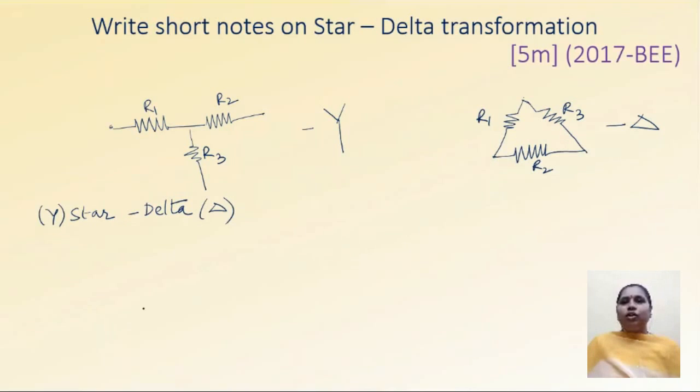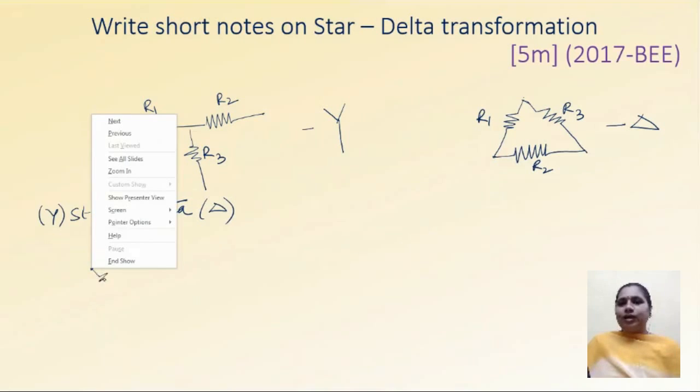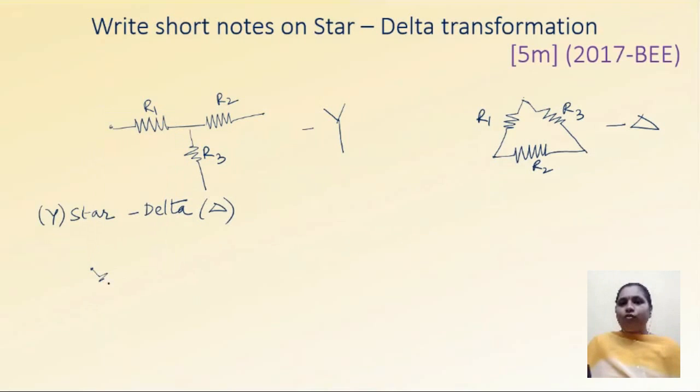To convert star to delta, you can see that star is a connection in the shape of Y. So I am drawing a circuit with connection Y. Let the points be A, B, C. Let this one be R1, this one be R2 and this one be R3.